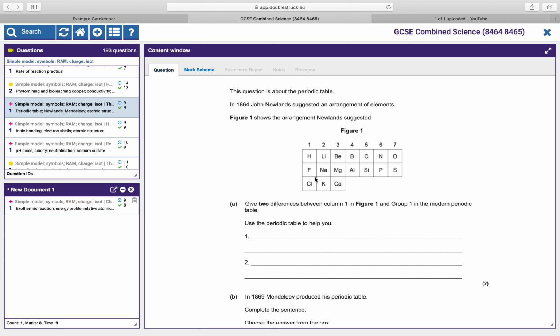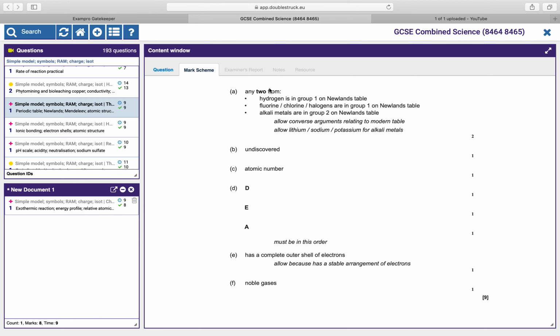And then here you could say the alkali metals are in column 2. However, in the modern periodic table they are in group 1. You could also mention something like hydrogen is not in group 1 in the modern periodic table. So let's have a look.